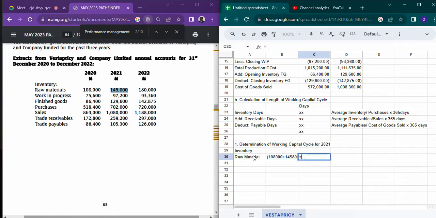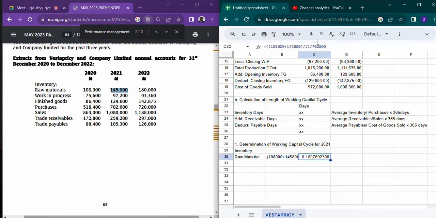So you have 108,000 plus 145,800, divided by 2. So you have 126,900. Then this will be divided by what? 702,000.